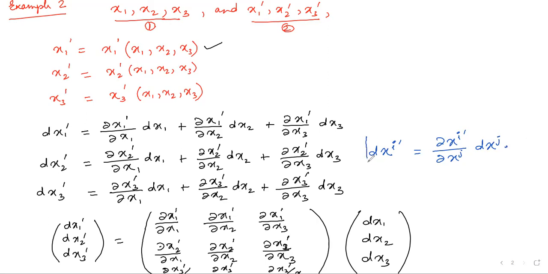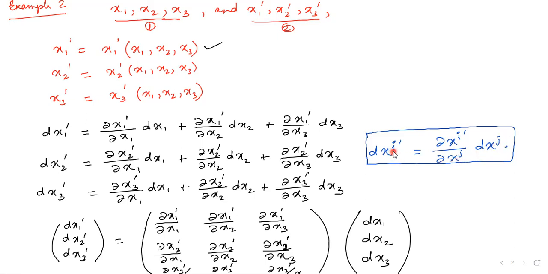Okay, so this is what we have here: dxi prime equal to dou xi prime by dou xj dxj. So when i is equal to 1, we have this relationship. And what is the repeated index here? You can see that the repeated index here is j. So that means j has been summed over.